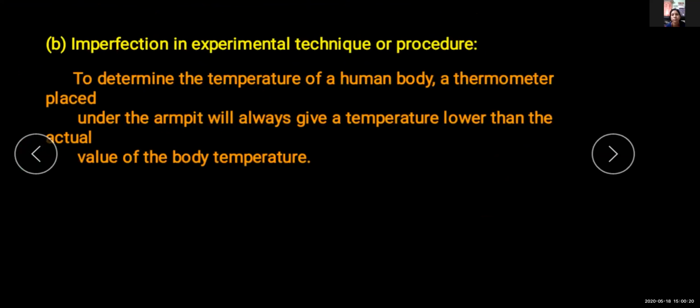To determine the temperature of a human body, a thermometer placed under the armpit will always give a temperature lower than the actual value. We have already done this experiment. When we put the thermometer under the armpit, we always get a temperature lower than the actual value of body temperature.